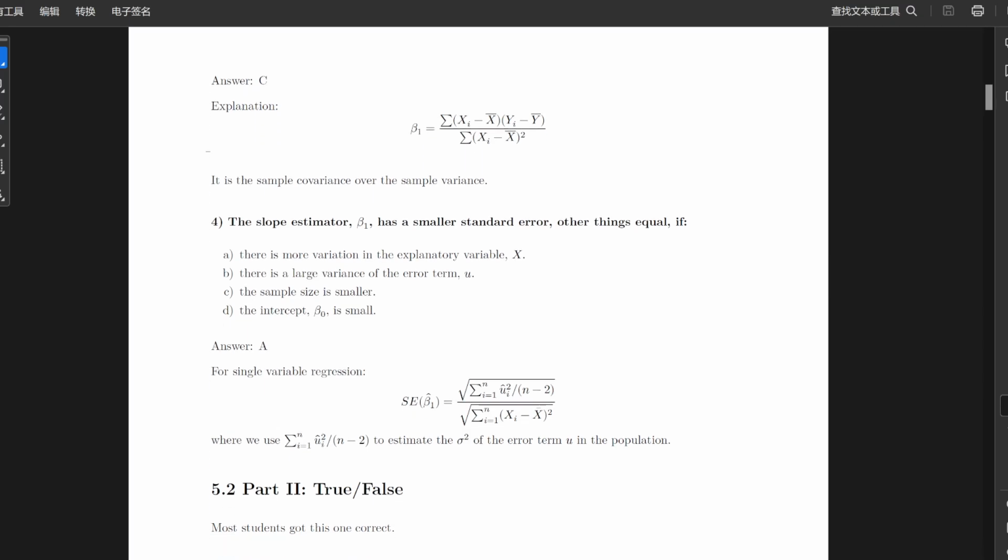So for example, your beta 1 is the covariance of X and Y over the variance of X.